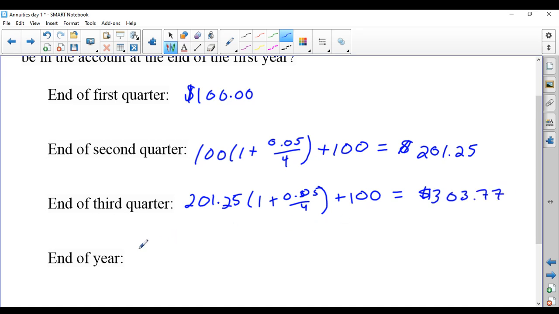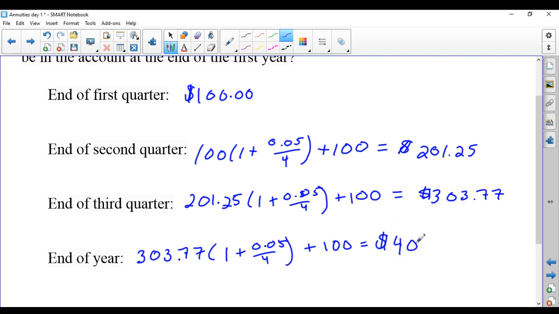Then at the end of the year, the fourth quarter, you're going to take that $303.77 and earn interest on it, 1 plus 1/4 of 5%, and add in another $100 of your earning. And at the end of the year, this account will have $407.57.